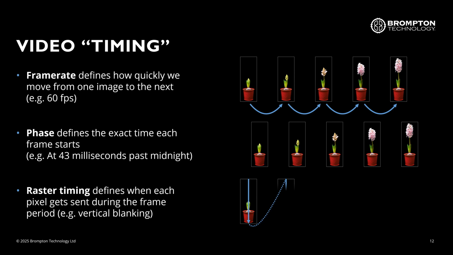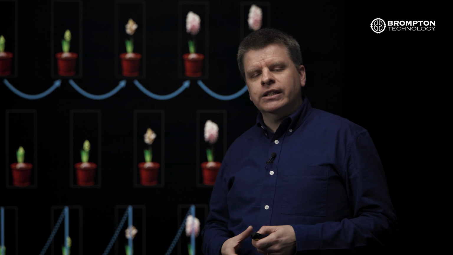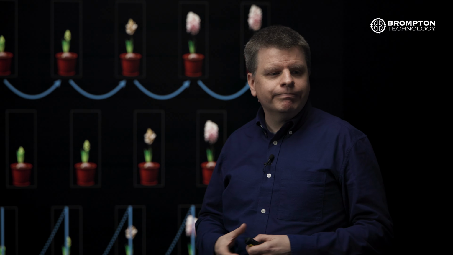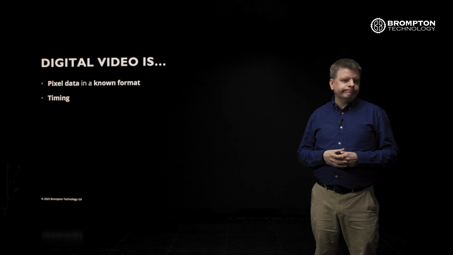And it typically looks something like this. So we'll transmit an entire frame of video, and then there'll be a short pause, and then we're going to start transmitting the next frame of video, and that repeats. So 3 elements to timing for video. So digital video then is pixel data in a known format and timing.